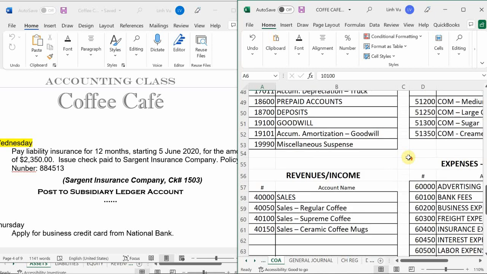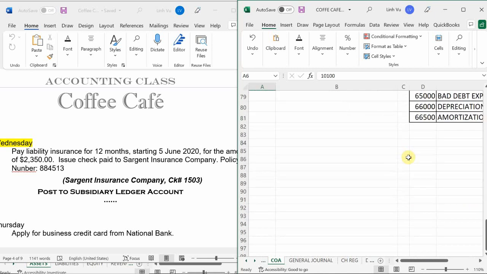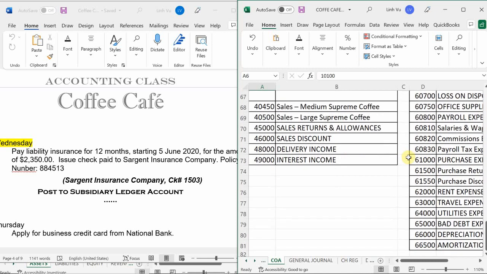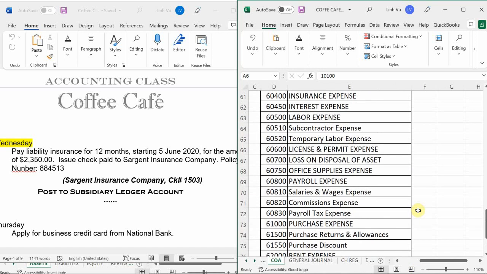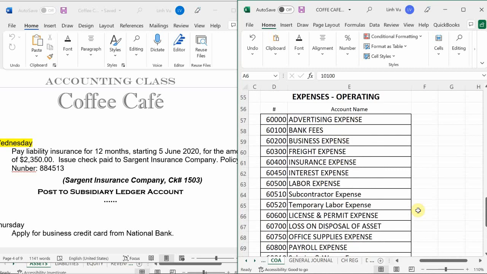What about the rest? How else am I going to record this 12-month insurance plan?